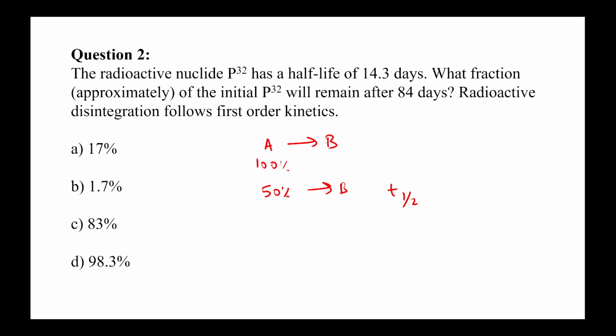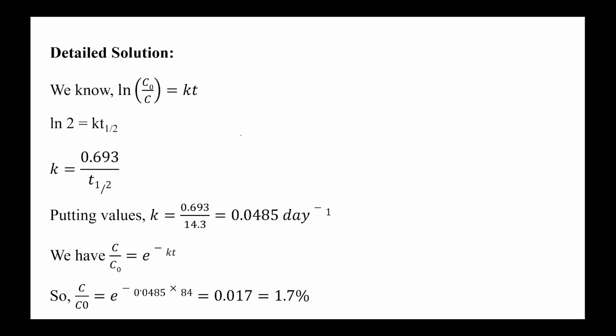Okay, so now they have asked what fraction of the initial P32 will remain after 84 days. Now to solve this, they have mentioned that it is following first order kinetics. So from the first slide, we know that the first order kinetic equation is log of initial concentration divided by the final concentration equal to kT. Now I told you half-life, that is the T half, is the time in which the final concentration will be 50% of the initial concentration.